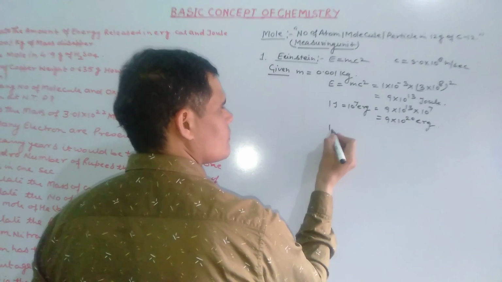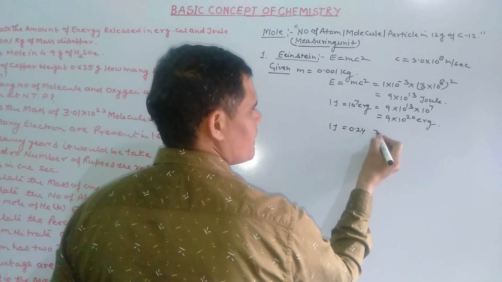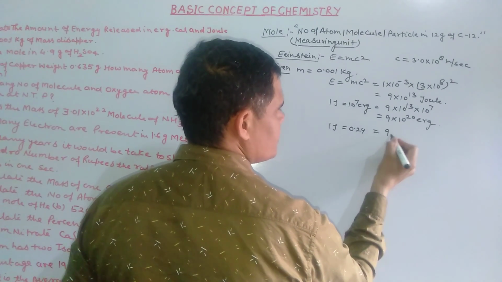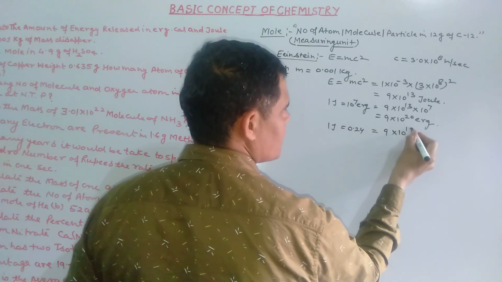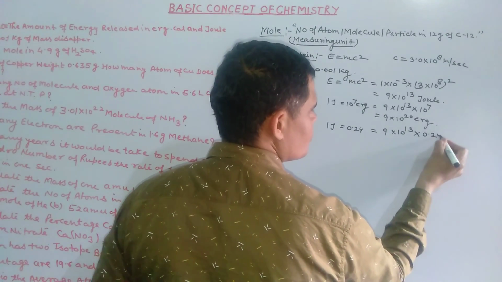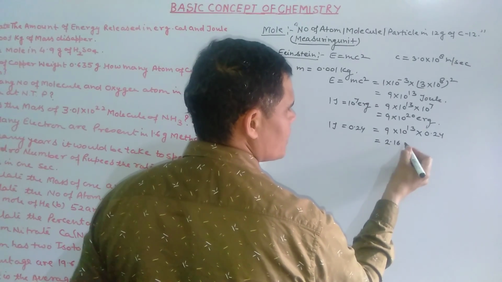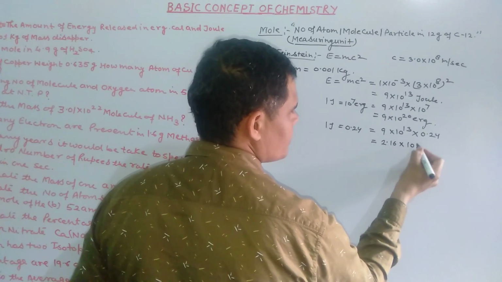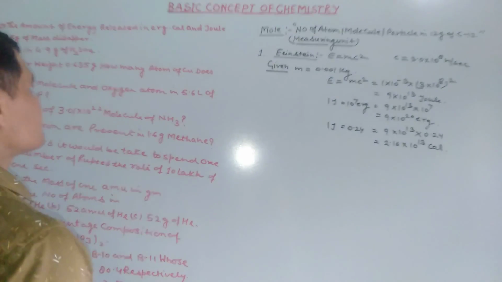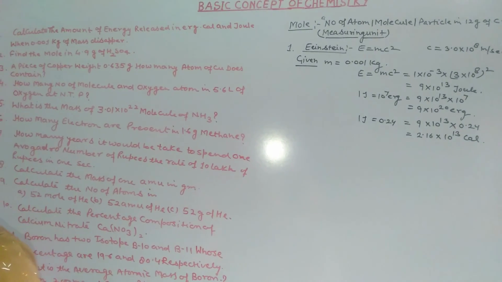We know that 1 joule will be equal to 0.24 calorie, hence the value is 9 into 10 to the power 13 into 0.24, hence the value is 2.16 into 10 to the power 13 calorie. That is the conversion of mass into energy.